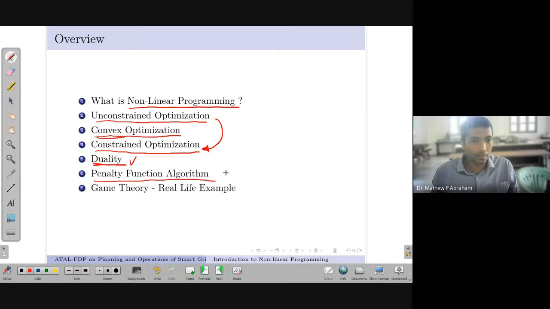If time permits, maybe I'll quickly look at an example of game theory, which is actually a forefather of optimization. We can say that optimization is a particular case of game theory.